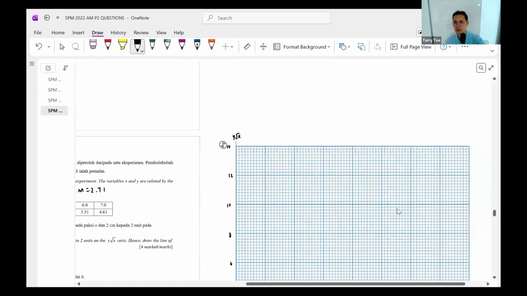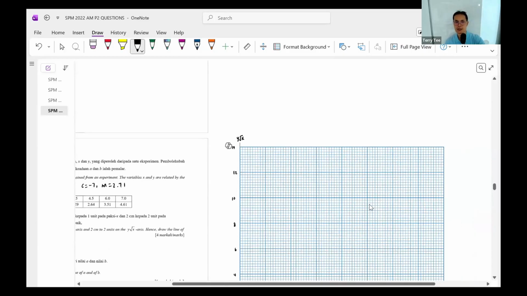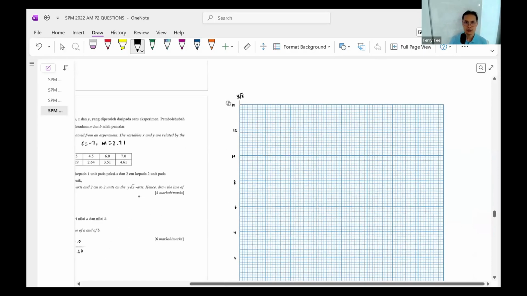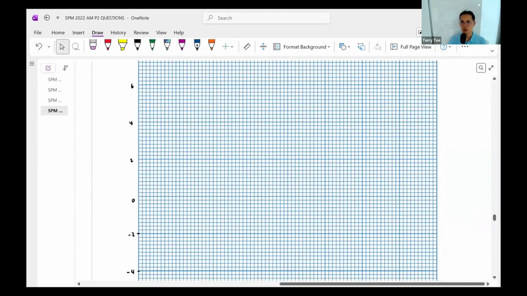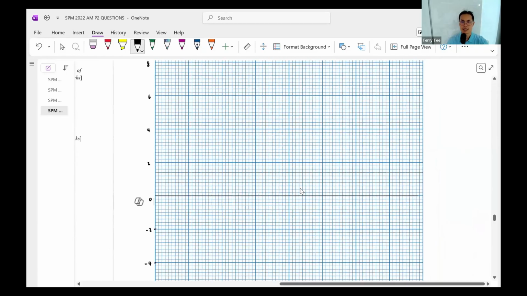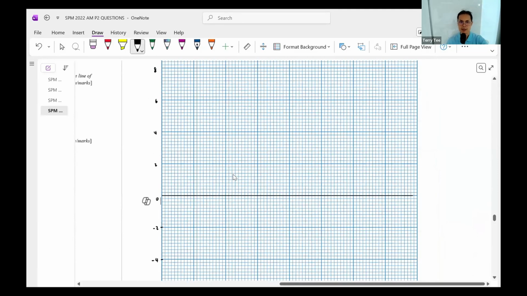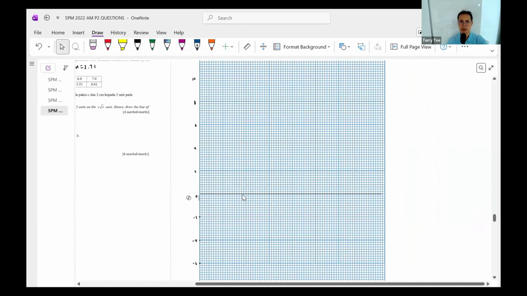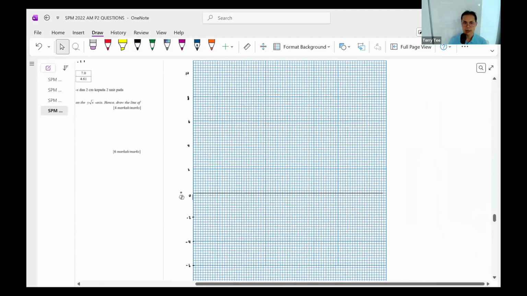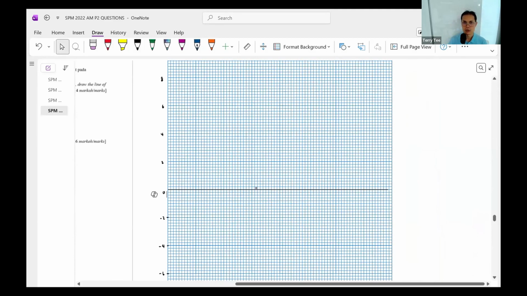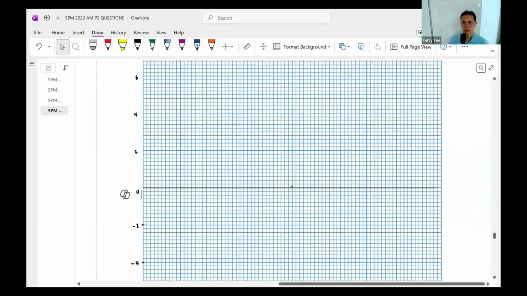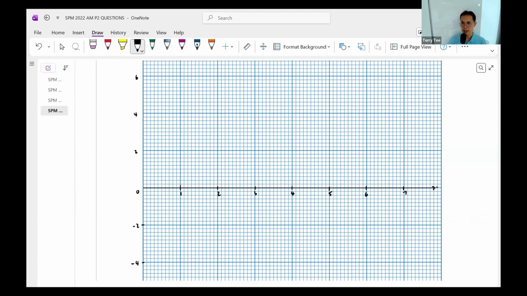Okay, I'm going to draw my x-axis. Draw a horizontal line like this. My maximum is what? My largest is 7. Yes, enough space. Let me label here 1, 2, 3, 4, 5, 6, 7. This is x.